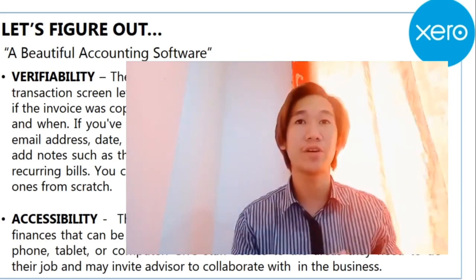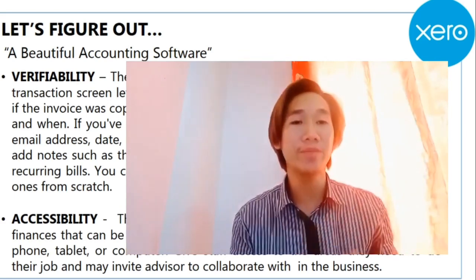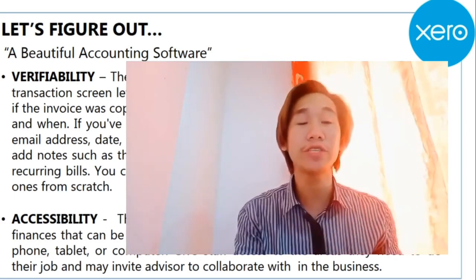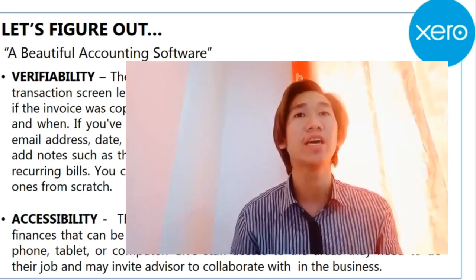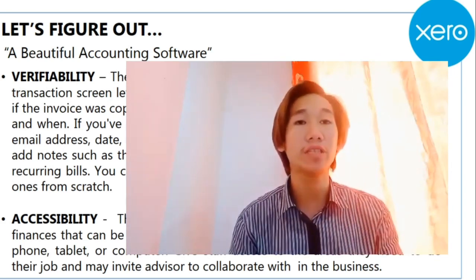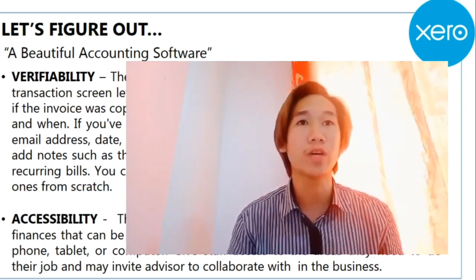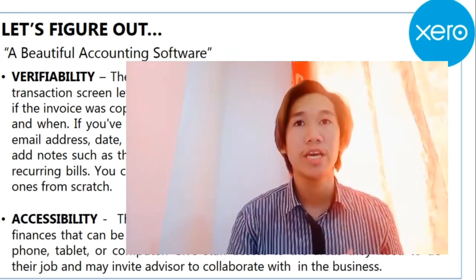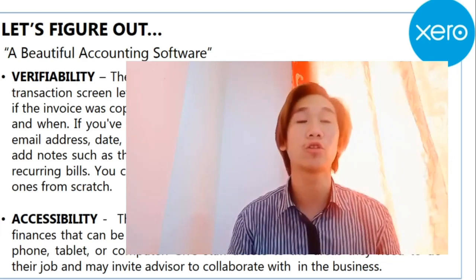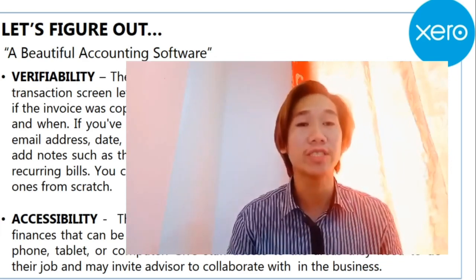The other things are verifiability and accessibility. The first one is verifiability. The history and notes activity report at the bottom of every transaction screen lets you monitor information about the document, such as if the invoice was copied from a quote, and who created and approved the invoice, and when.